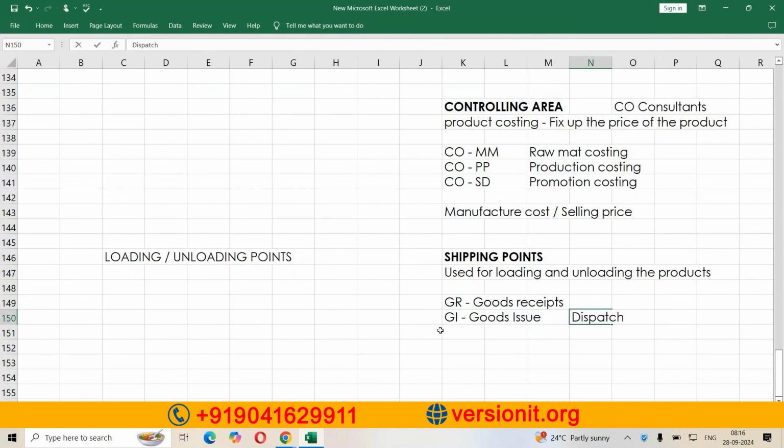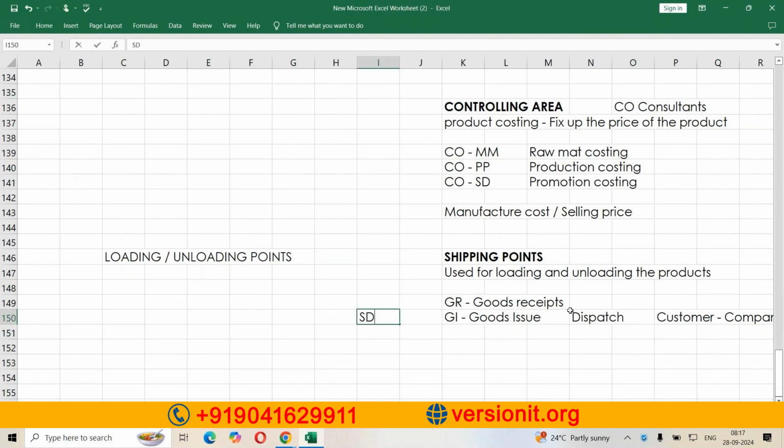So when you receive an order, that means when a transaction is done between customer and the company, the customer will place an order to the company and the company will be delivering the stock to the customer. In that particular case, we are going to be using this shipping point for delivery. So goods issue is going to be part of your shipping points. Dispatch, the sales team is going to be handling it.